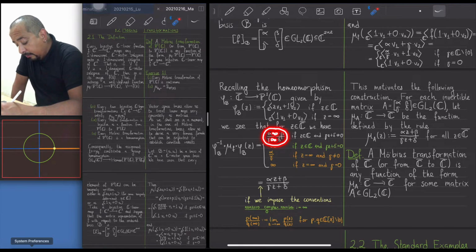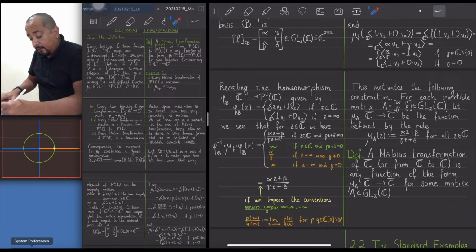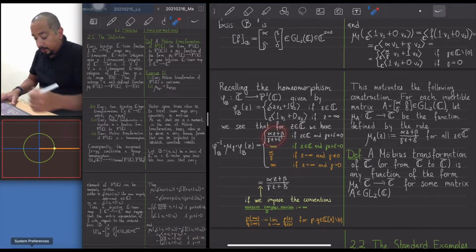That limit is the value of plugging in infinity. So we can make that convention, and if we take that convention, then in this case we have alpha divided by gamma, and in this case we would have just infinity, because then here we would have 0, and this limit when z goes to infinity would be infinity.